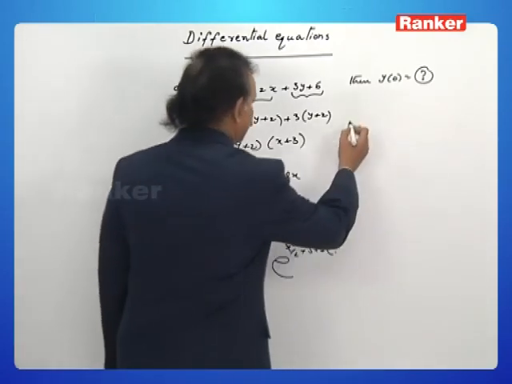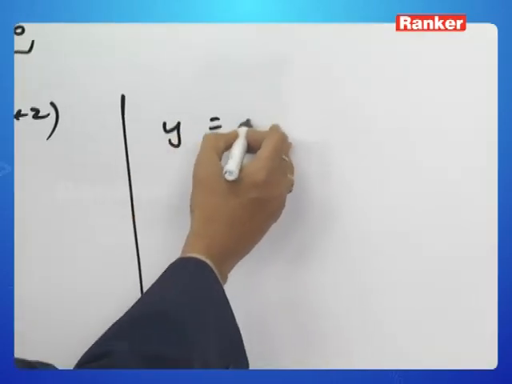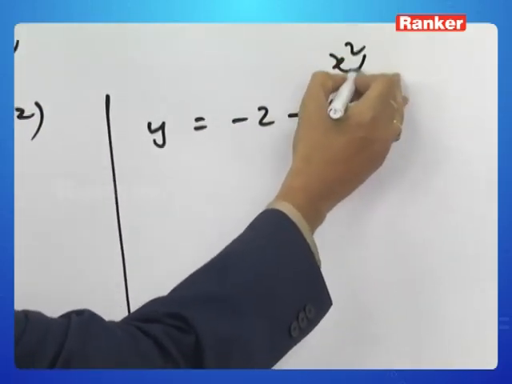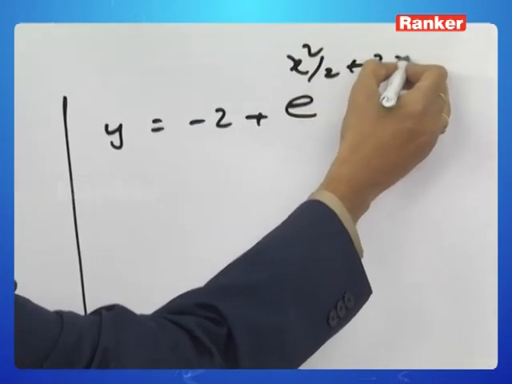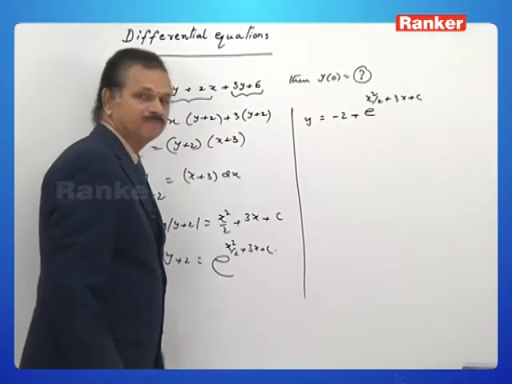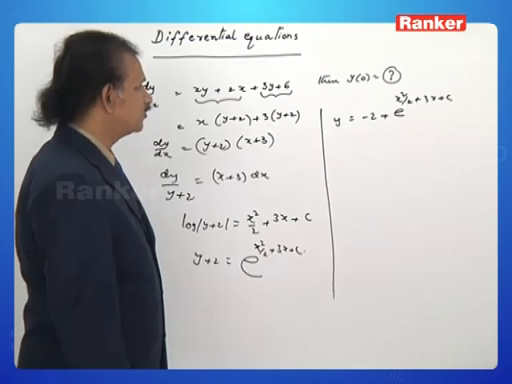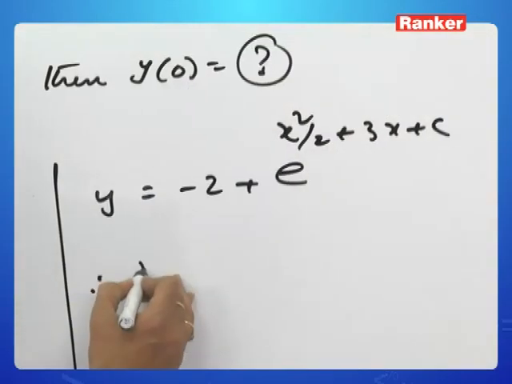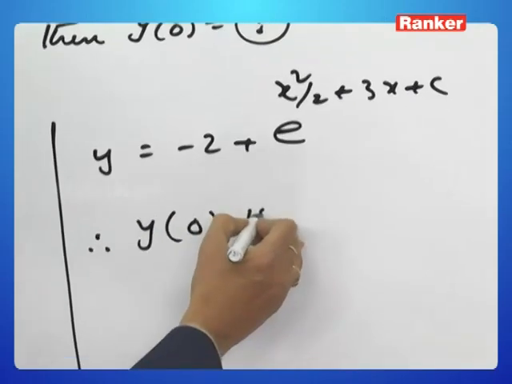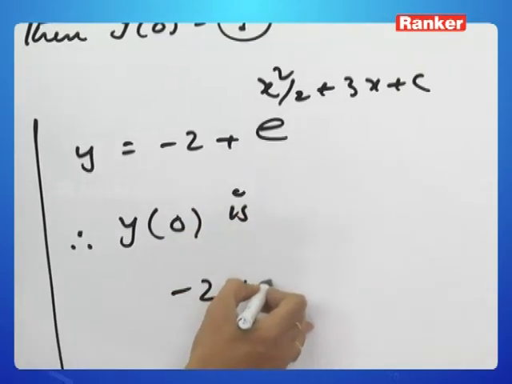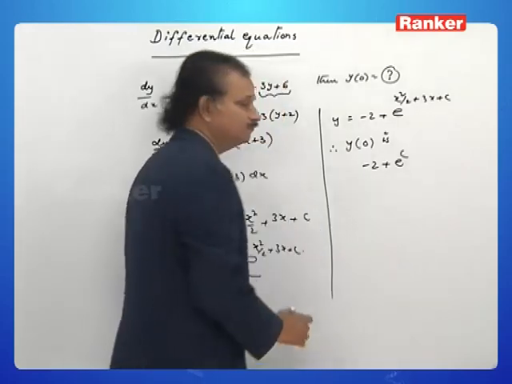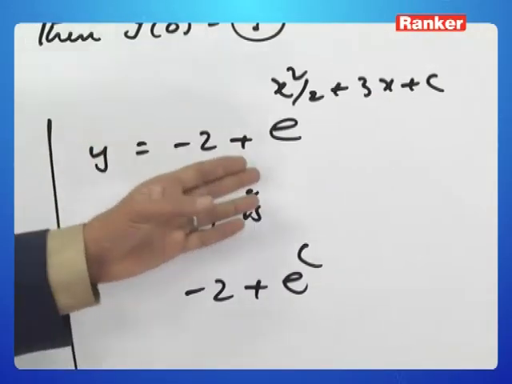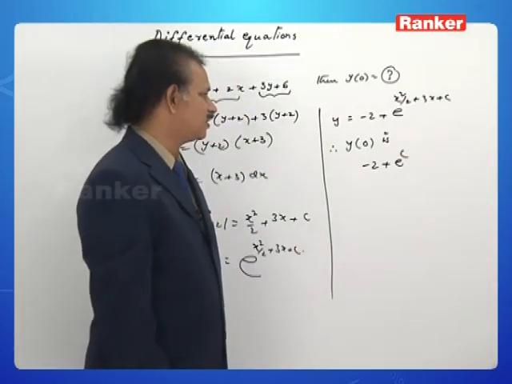Therefore y is equal to minus 2 plus e power x square by 2 plus 3x plus c. And we want to have y of 0, isn't it? Therefore, y at 0 is minus 2 plus e power c. You take x as 0, e power 0 plus c is nothing but c.